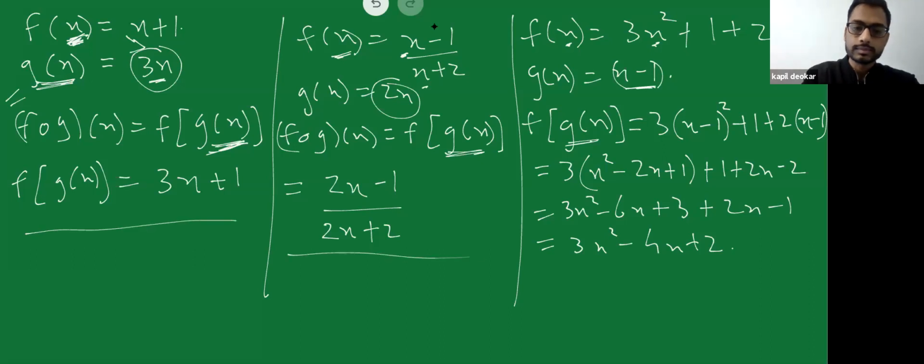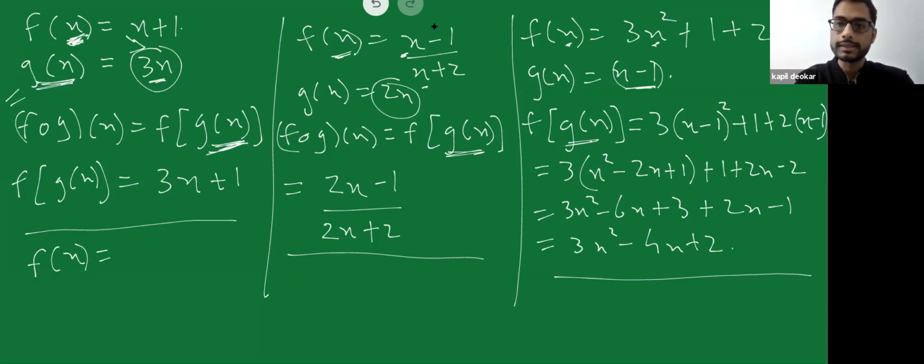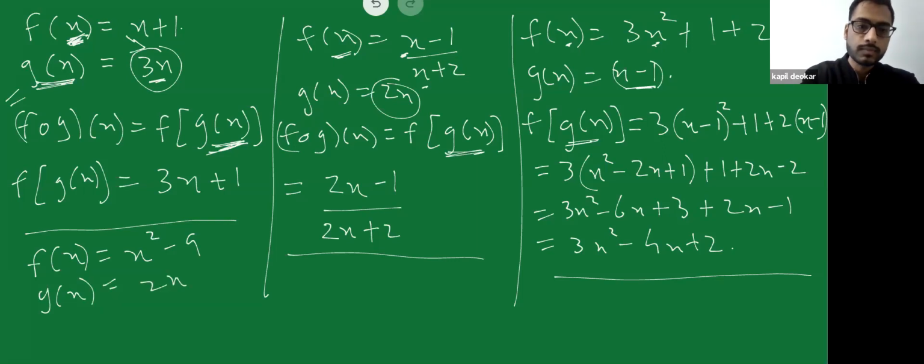So go through these 3 questions and solve this one. F of x is given as x square minus 9, and g of x is given as 2x plus 1. My question is find value of fog.